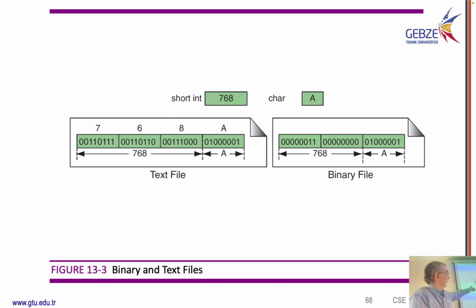For example, the text 768A. 768 could be text. On the right, 768 is a number. So it is an actual integer number. A is also a character. So numbers could be different in a binary file because numbers are actual numbers, not text.